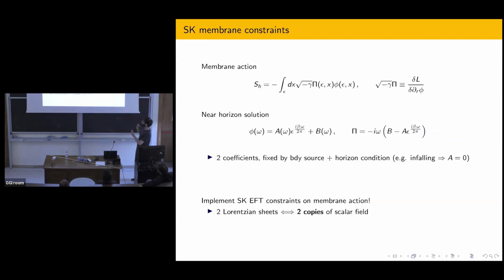And here, with the risk of confusing with the quantum field theory sources, we think in this action of the Dirichlet values phi as sources and pi as the conjugate momentum. If we push this cutoff surface to the boundary, we really get the sources and waves of the quantum field theory. But here I will just keep it close to the horizon. I will explain in the next slide why I'm doing that.